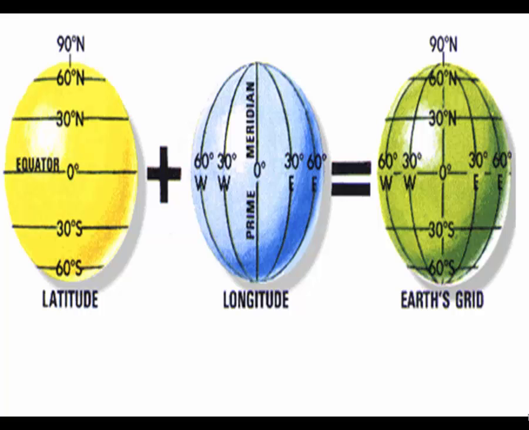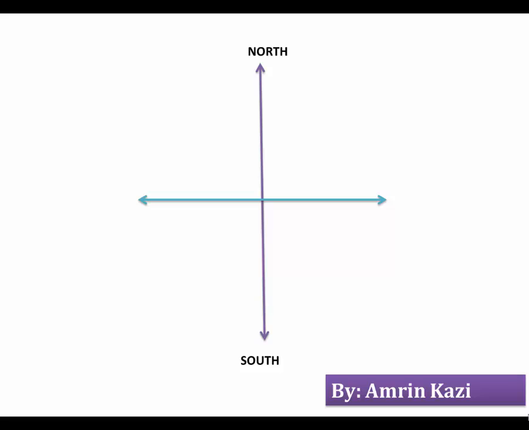Let's go back to our earlier class and refresh our knowledge about the directions and subdirections. This is north, south, east, west. These four are the main directions.